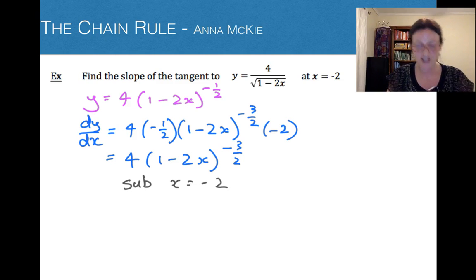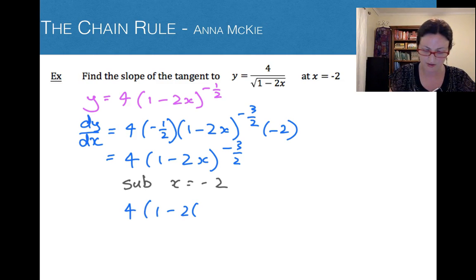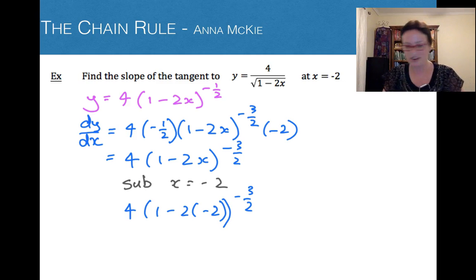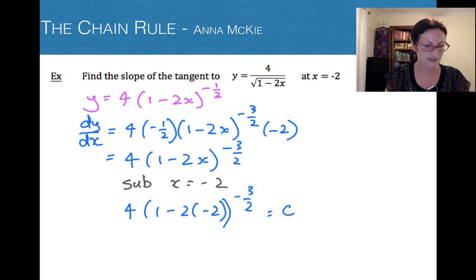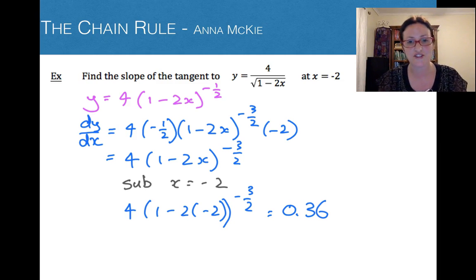So the derivative function is the slope function, so we're finding the slope of the tangent at that point. So where we see an x, we're going to sub in a -2 to get, got enough brackets, yes? To get one I have prepared on my calculator earlier, we have 0.36, let's call it.